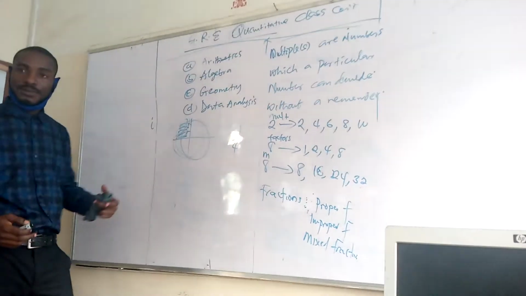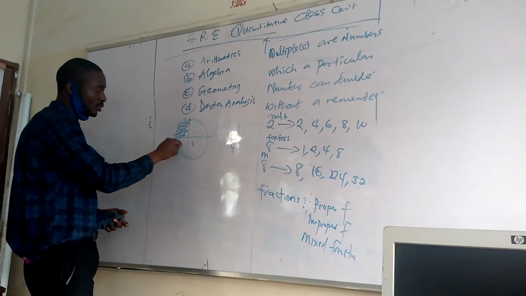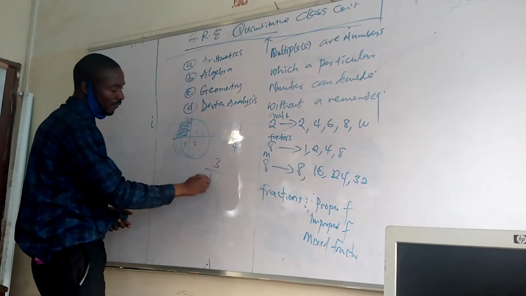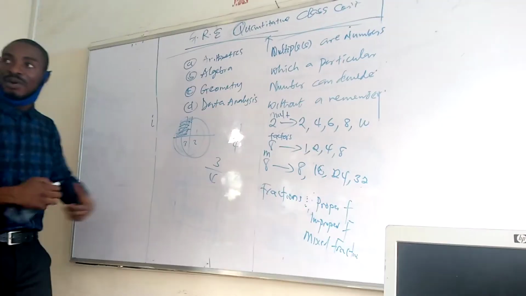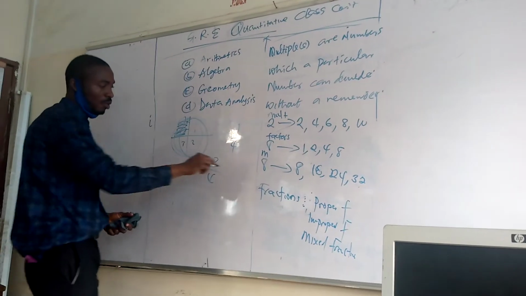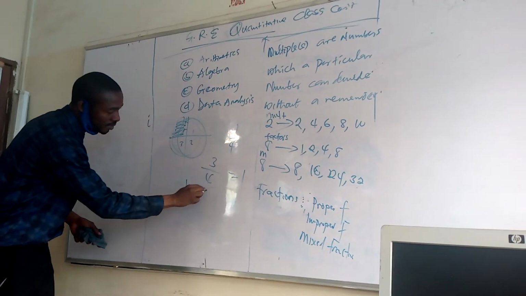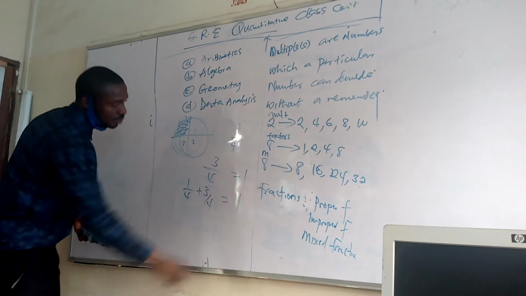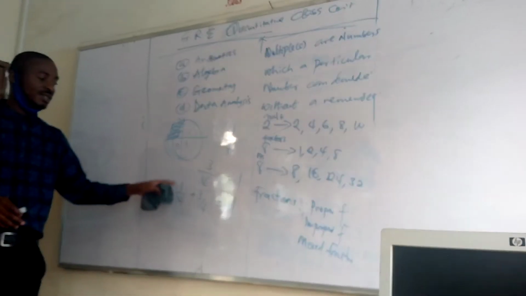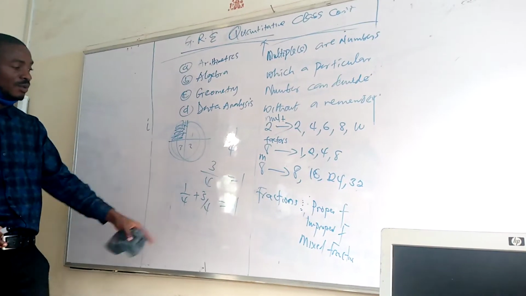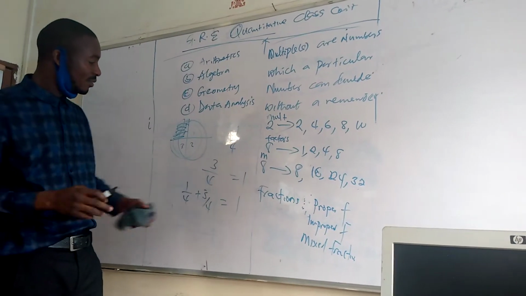The part not shaded will be 3 over 4. Both the part shaded and the part not shaded, when added together, become a whole, which is 1. That is 1 over 4 plus 3 over 4. With 4 as your LCM, 1 plus 3, you have 4 over 4. So that is it on fraction.